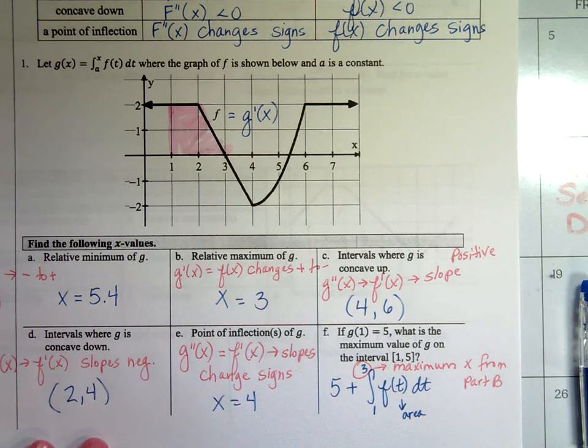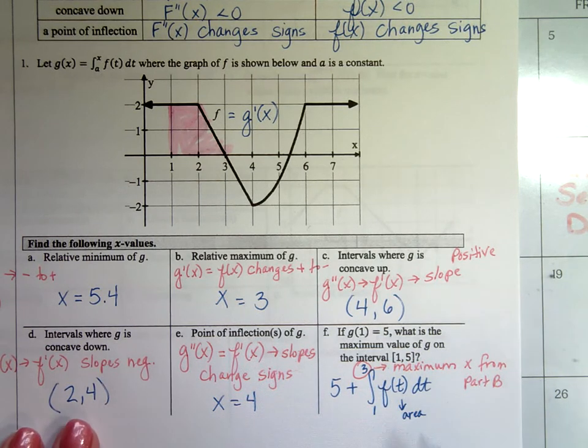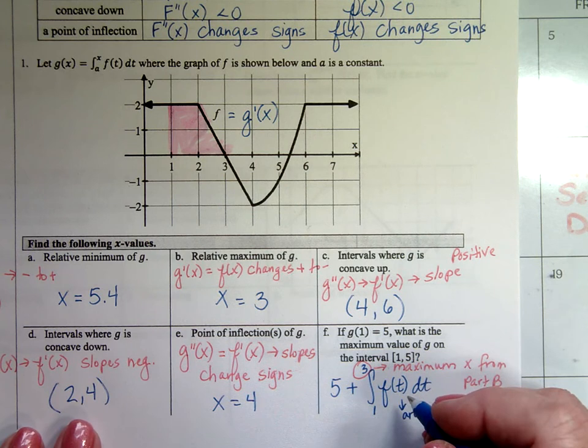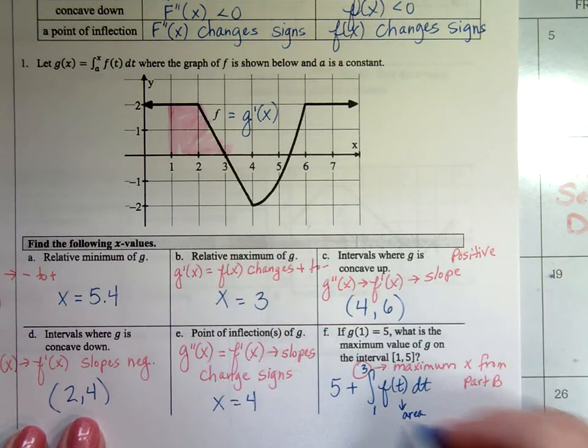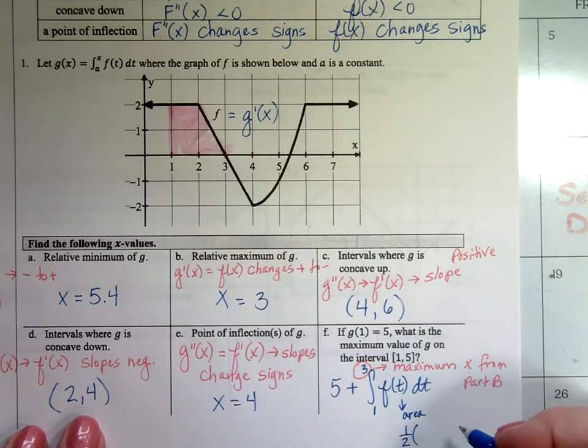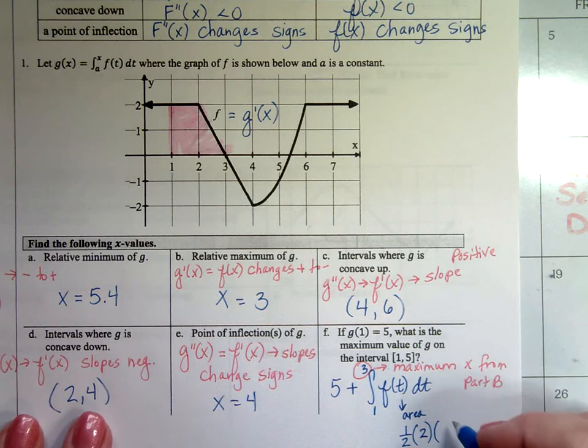Probably not, unless I did an estimation. But I can literally use my geometry to figure this out. So I have the area, I can use a trapezoid, right? Make it simple. So the area is going to be 1/2 the base, well, the width of that is 2, times base 1 plus base 2. Well, base 1 is 1, base 2 is 2.